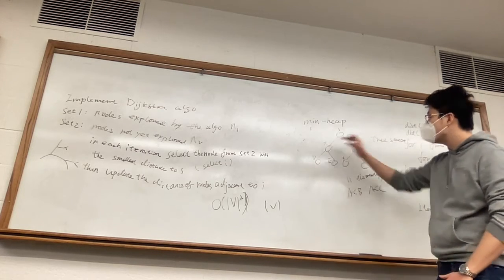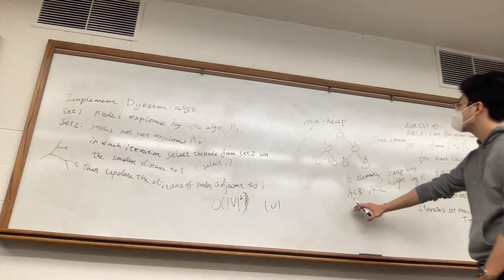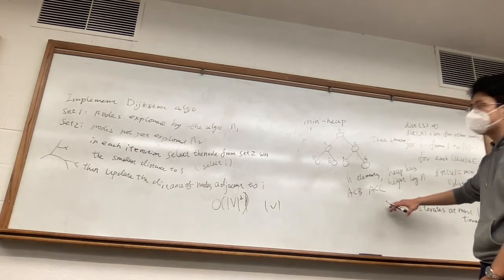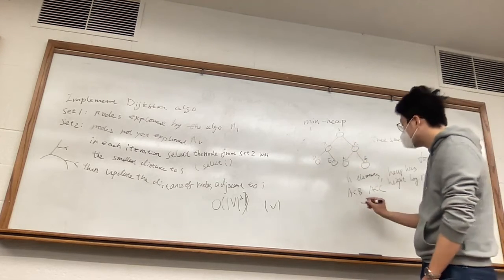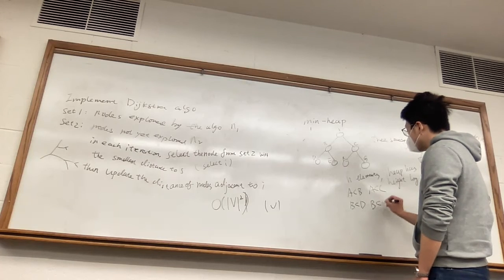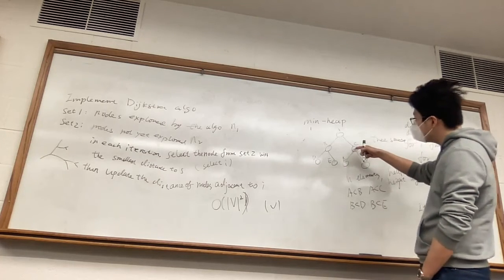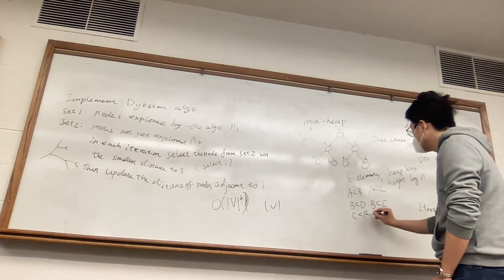B can be greater than C, or C can be greater than B, whatever. I just need to make sure that A is less than B, and A is less than C. And also, because B has descendants D and E, B is less than D, B is less than E. And C has descendants F and G, so C is less than F, C is less than G.